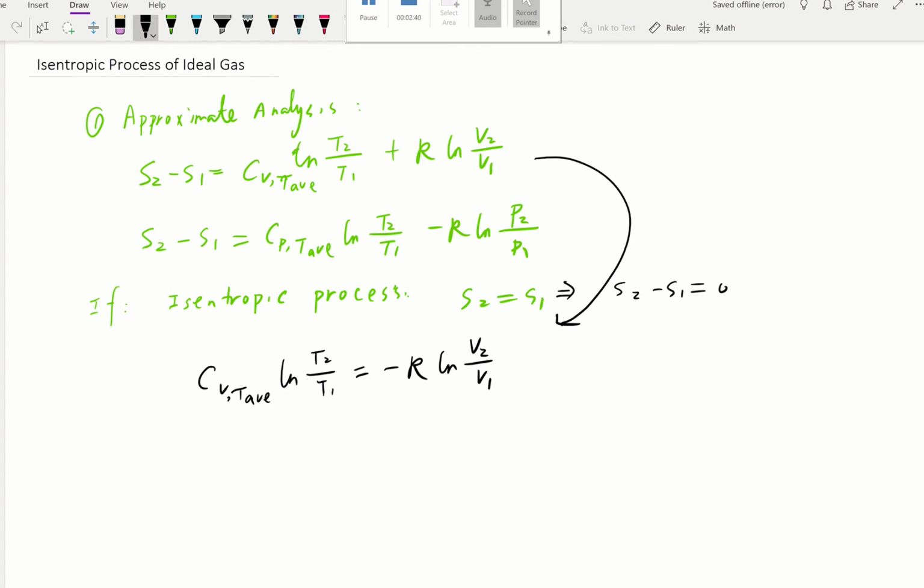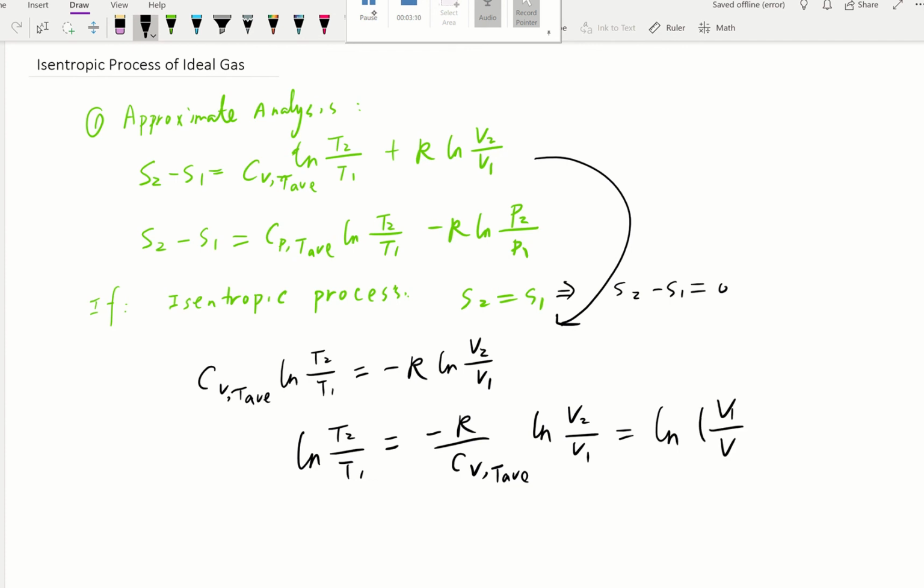And we're going to use our math skills to simplify this a little bit more. So what we'll have is natural log T2 over T1 is going to be equal to minus R over Cv at this average temperature times natural log of V2 over V1. We're going to change that from V2 over V1 to V1 over V2.